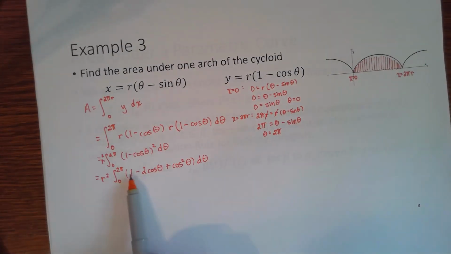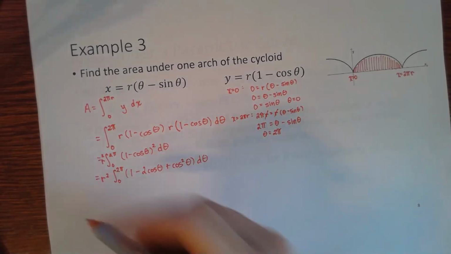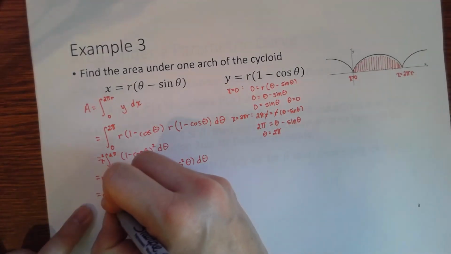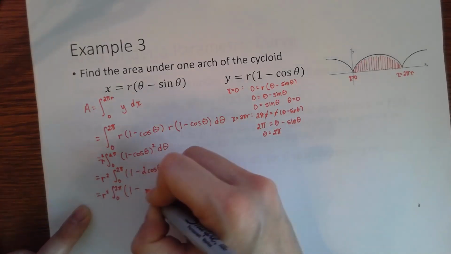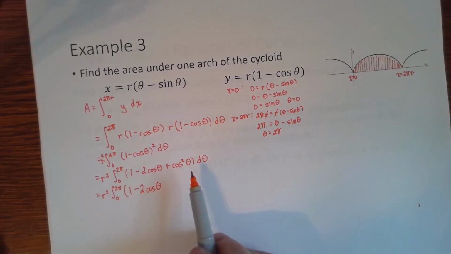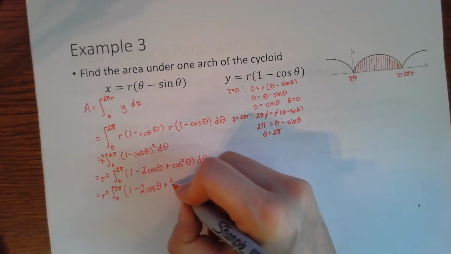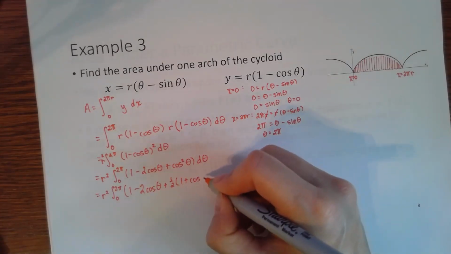And so this is easy to integrate. This is easy to integrate. This one we need to do a substitution though. Okay, so the 1 is good, the minus 2 cosine theta is good, but the cosine squared, we want to substitute that with 1/2 of 1 plus cosine of 2 theta.